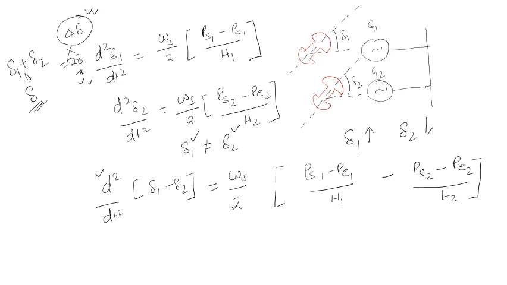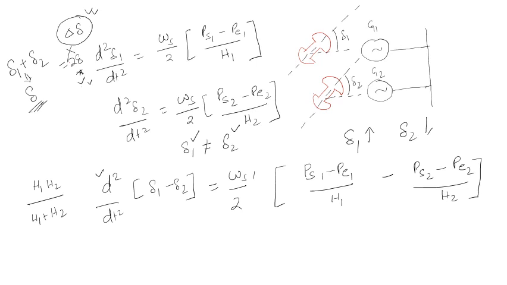Now once I got this equation, I'm going to multiply it with one term, that is h1 into h2 upon h1 plus h2. I'm multiplying it on both sides.